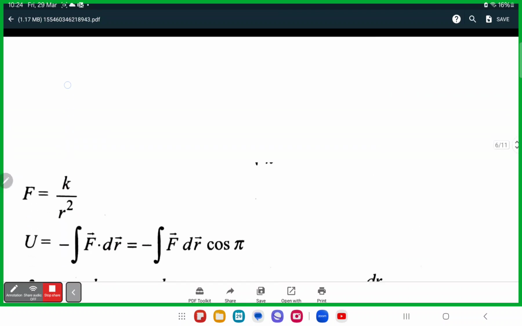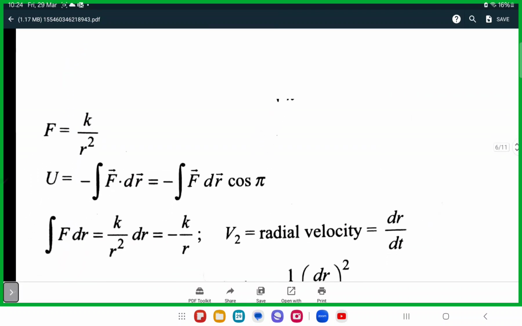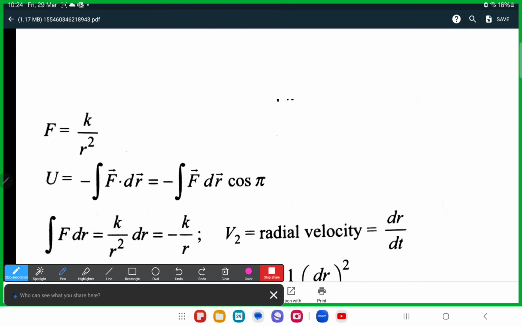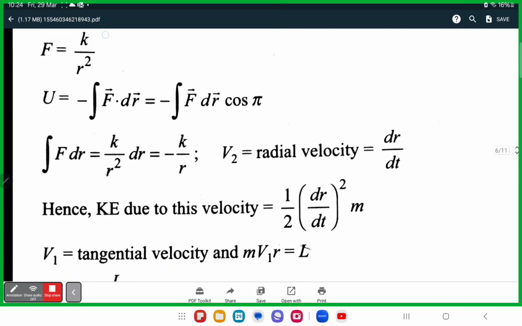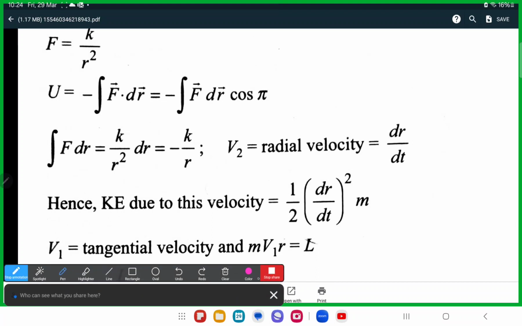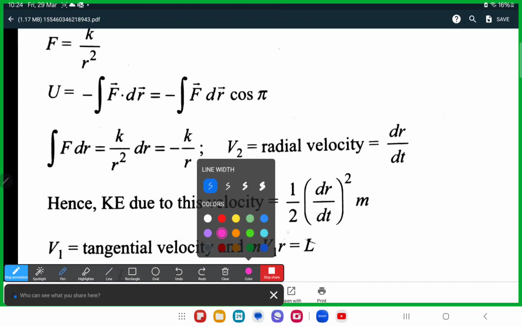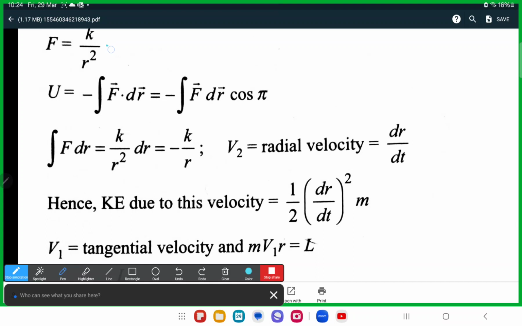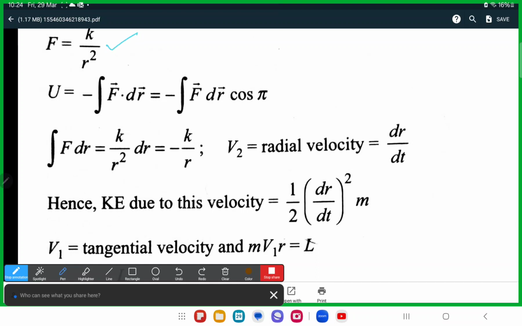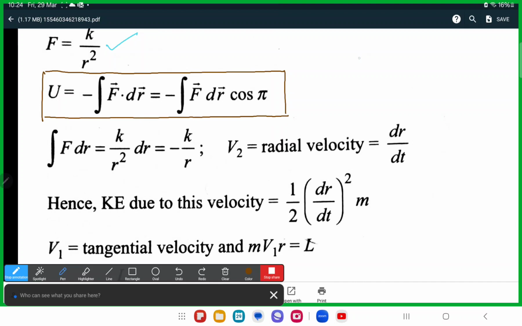Now here you can say F is given. In an earlier step I told you how to calculate potential energy. So please remember this formula, maybe it will come in your examination.